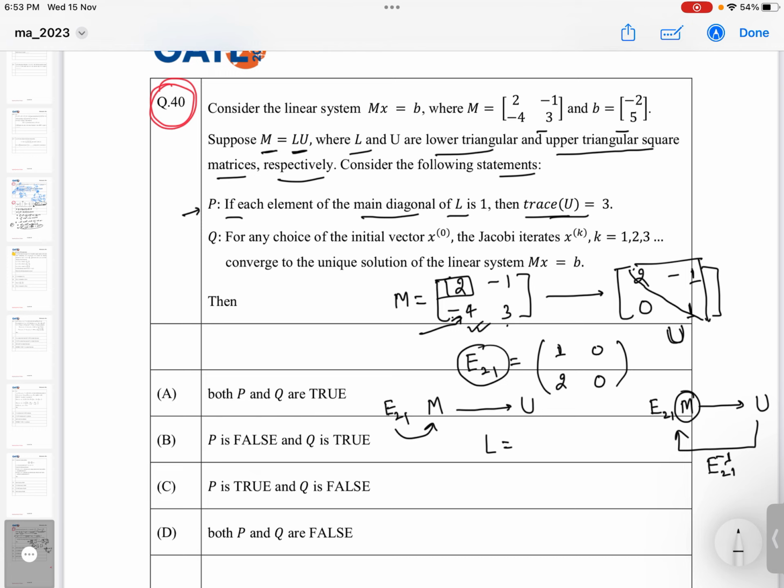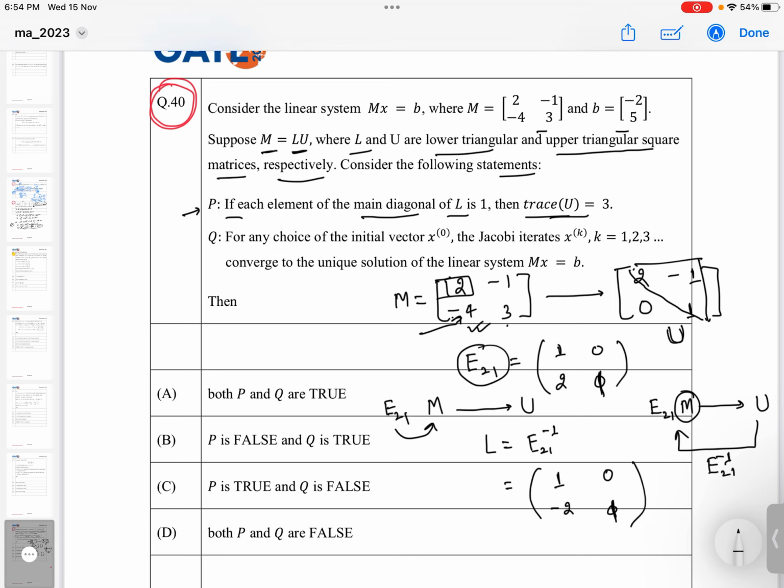So the lower triangular matrix will be nothing but the inverse of E21, that is 1, 0, -2 and 1. Here it will be 1, not 0. So this is the lower triangular matrix.